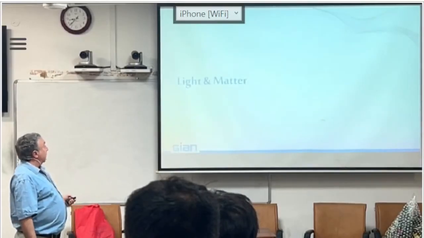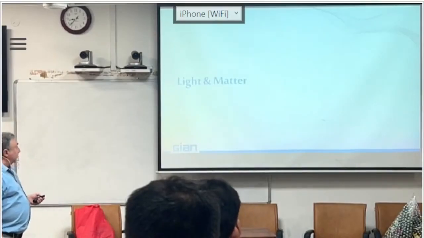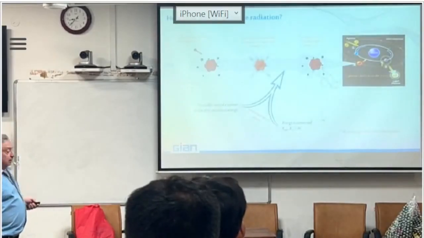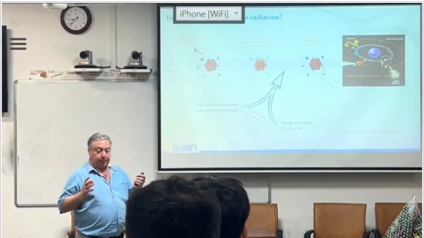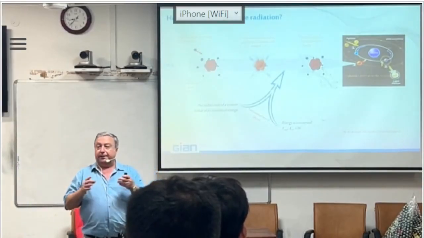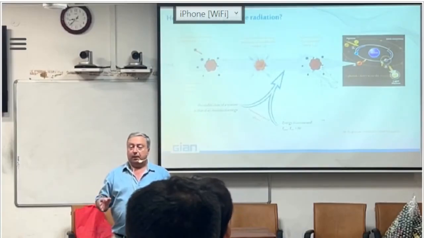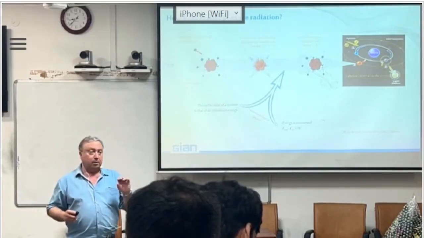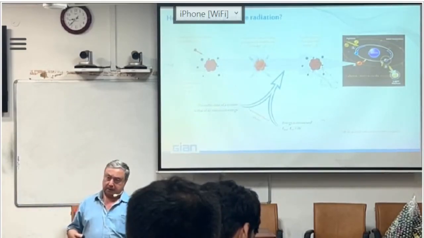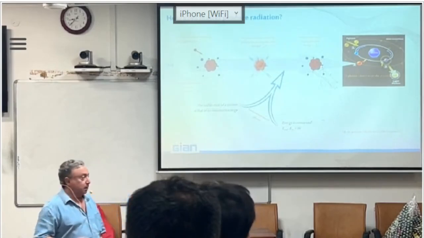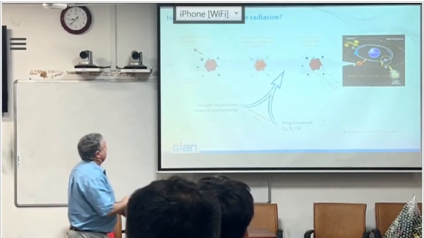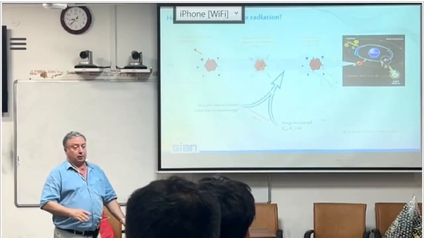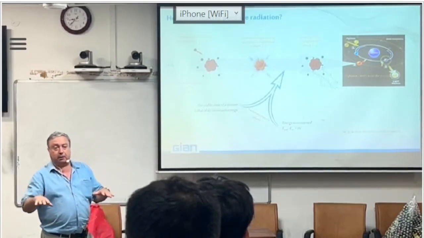Okay, a few words about the interaction of light and matter. How does matter produce light? This is a universal principle. Very simply, light is produced by atoms or molecules, but let's take the simple case, which is atoms. You have an atom, which is normally in steady state conditions.